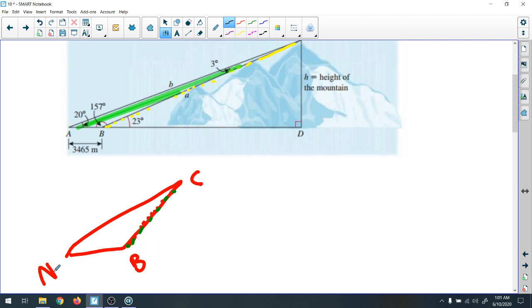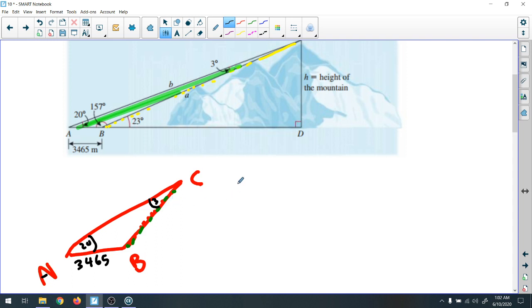So this side AB is 3,465 meters, and the opposite angle is 3. That's good. This side BC we don't know, we're looking for it, but the opposite angle is 20. So let's set that up. Use law of sines.